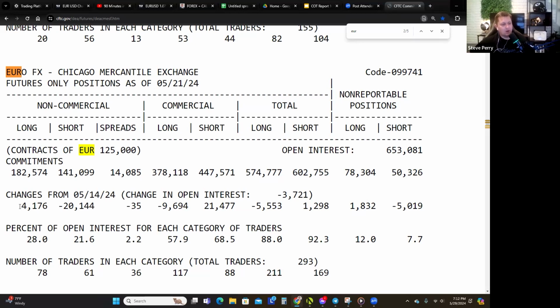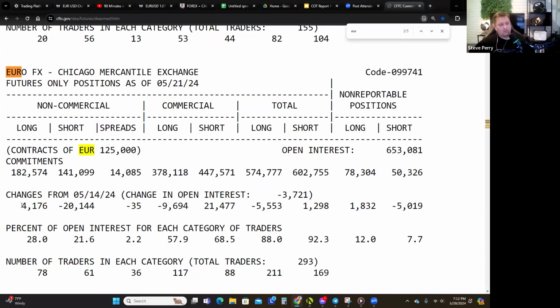You can see this last week, there was an addition of 4,176 contracts long on the euro, and there was a subtraction of 20,144 short contracts. So we're getting rid of shorts from the banks and they're subsequently adding longs. That's an important detail, because if they're adding longs and getting rid of shorts, then we might want to consider that.